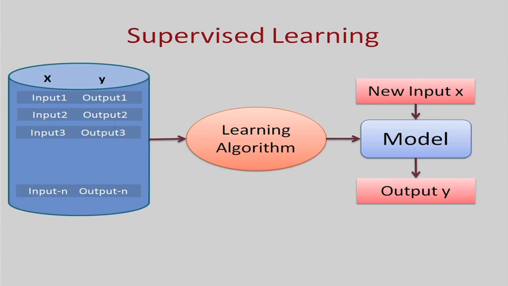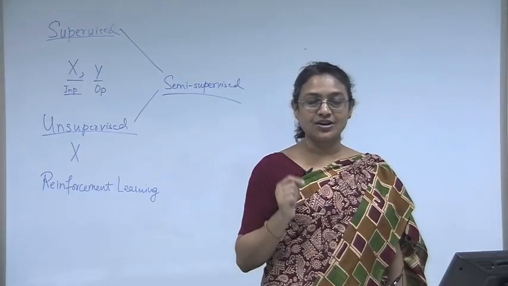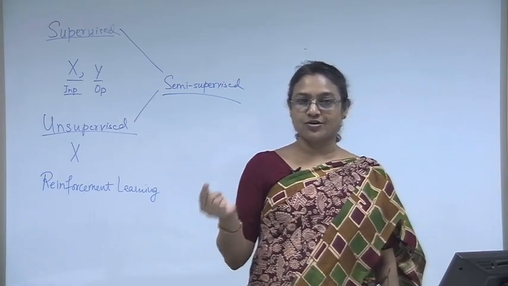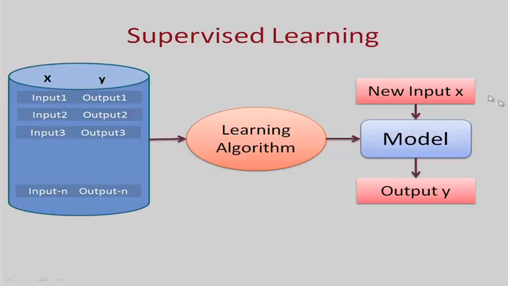Given all these training instances, the learning algorithm will come up with a model, and this model can be used to classify or to find the output or corresponding y value for a new observation x. So, given a new input x, you can use the model to find out the output y. So, this is the schematic of supervised learning.